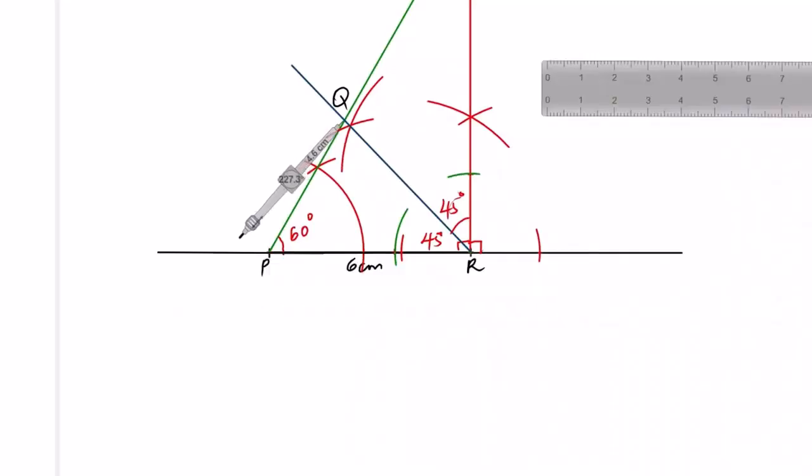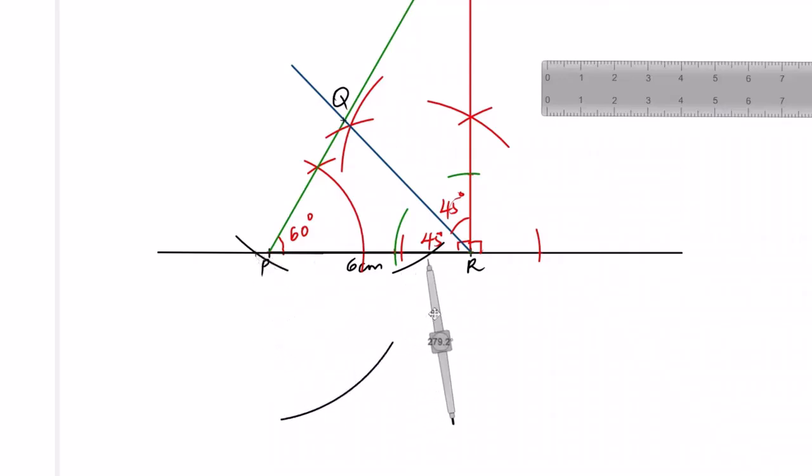So with that, now I want to mark two arcs. Even if it is on the line PR extended is okay. So I'll mark the first arc here, standing at Q, one arc there, and then another arc there. Then you stand on one of the arcs that you've made and adjust the radius, and mark an arc like that.